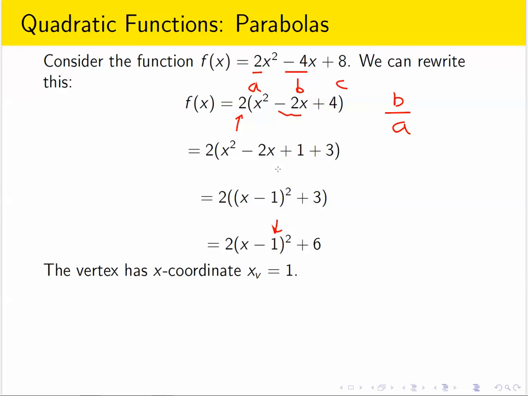And then if you think about how we ended up factoring this expression, this number 1 is half of this 2. So I really took the b divided by a and divided that by 2 again, and I can represent that just by writing a 2 in the denominator. And one more thing: the b is negative 4, but b over 2a would be negative 1, and my vertex isn't negative 1, it's positive 1.